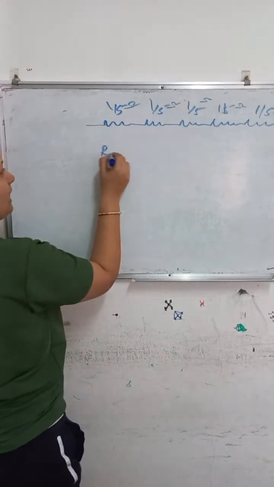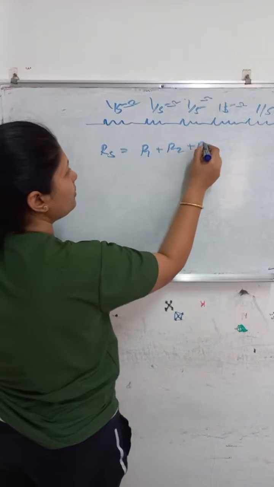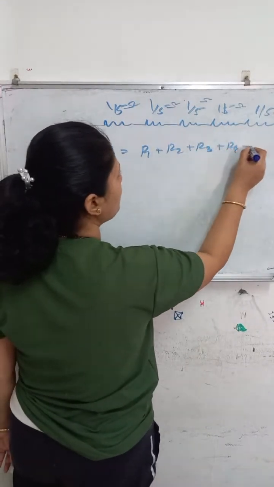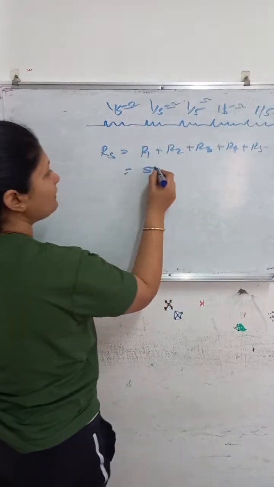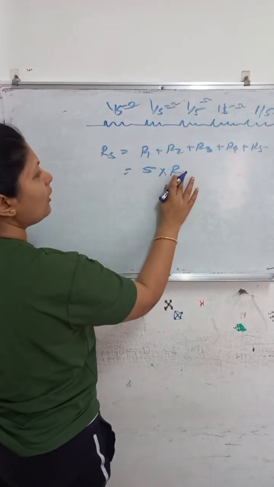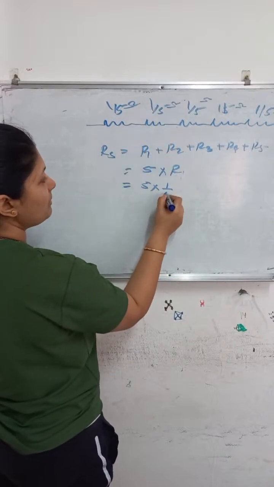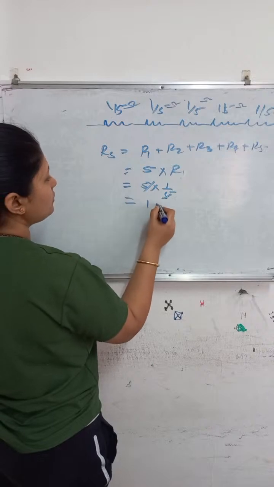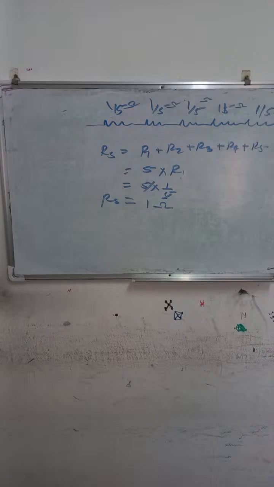We know that in series we add all these: R1 plus R2 plus R3 plus R4 plus R5. But here all the resistors are the same, so I will multiply 5 into R, and one resistor is 1 by 5, so the 5s cancel, and the answer is 1 ohm. So the maximum resistance in this case is the addition of all the resistors as they are connected in series, and we get the answer 1 ohm.